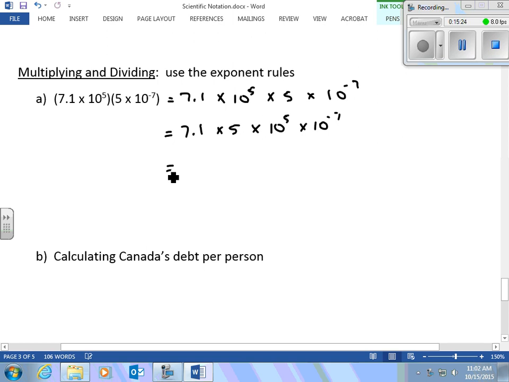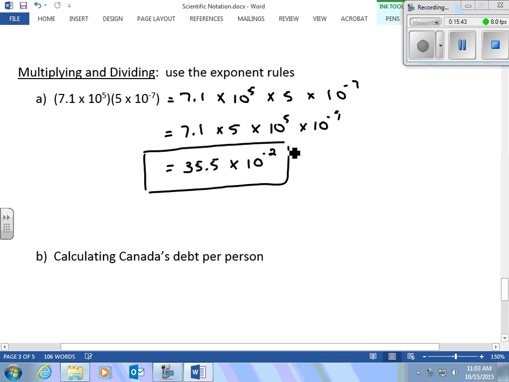Well, 7.1 times 5, I can pull out my calculator and get 35.5 for that. And I can use my exponent rules here. 5 plus negative 7 is negative 2, so it's times 10 to the negative 2. And with a very quick calculator step, I've solved that without having to convert those numbers to decimal notation.